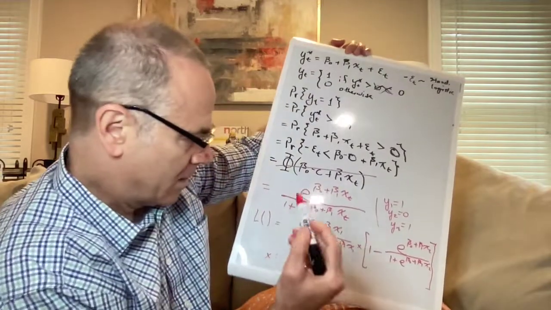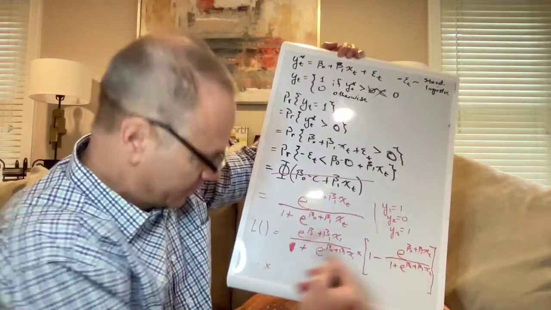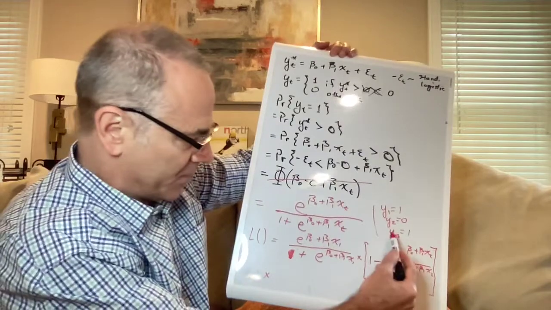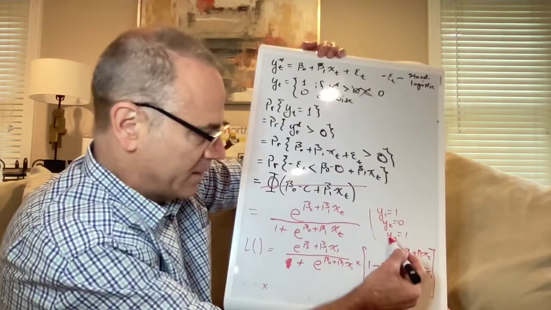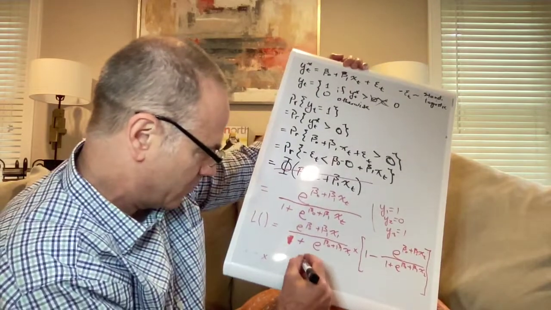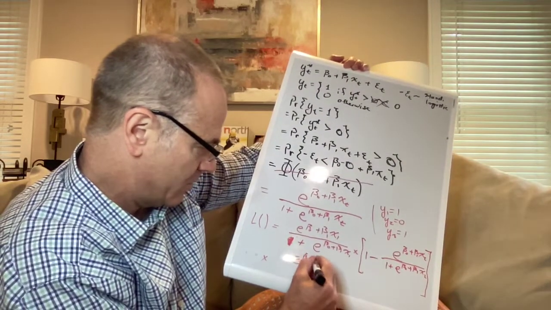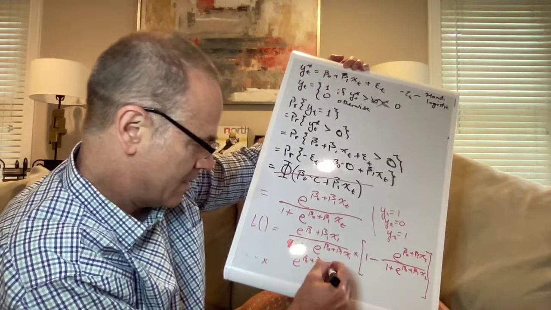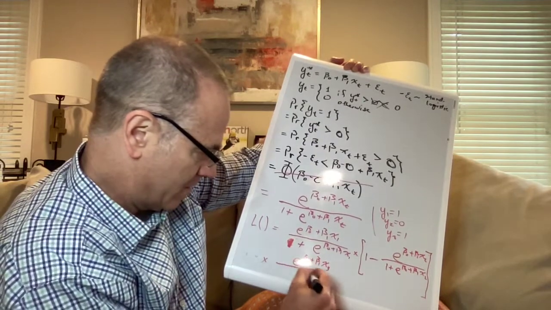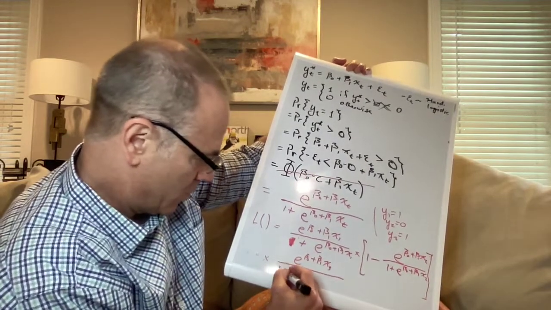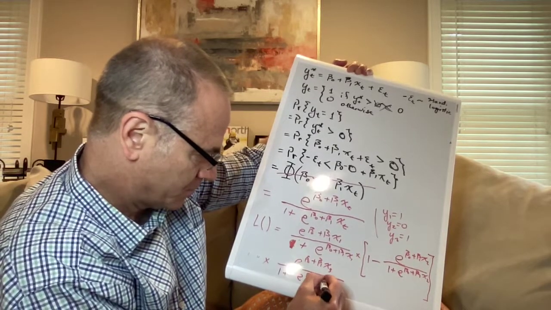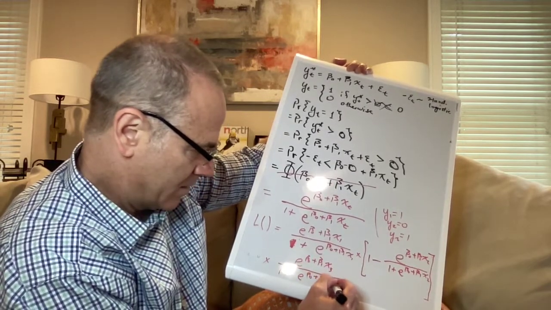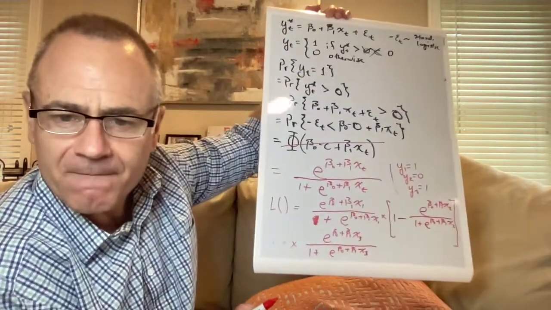times our likelihood for the third observation. So the probability y3 equals 1 is just going to equal e to the beta 0 plus beta 1 x3, all divided by 1 plus e to the beta 0 plus beta 1 x3.